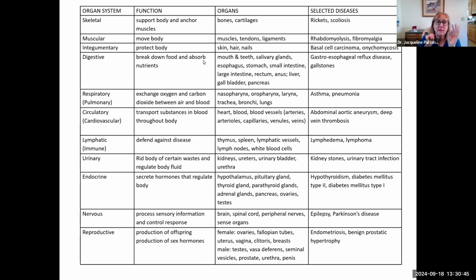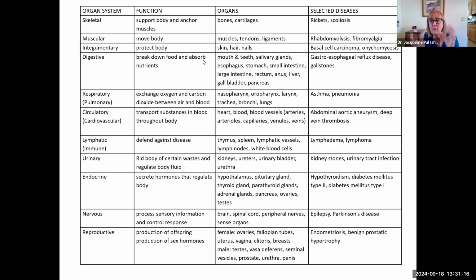Your respiratory system is responsible for exchanging oxygen and carbon dioxide between the air and your blood. So it starts in your nose and your pharynx and your larynx, and then your trachea, your bronchi, and your lungs. And some diseases of that include pneumonia and asthma. Your circulatory system, sometimes called the cardiovascular system, is responsible for transporting blood throughout your body, and it's carrying substances in that blood.